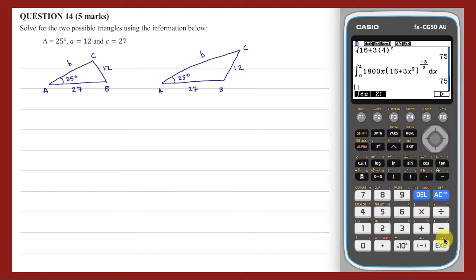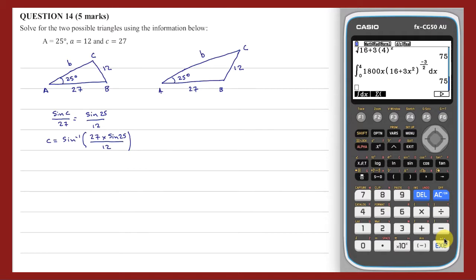The sine rule looks like this. This can be rearranged to find angle C. Evaluating this expression on our calculator will give the smallest possible angle C that fits this information.